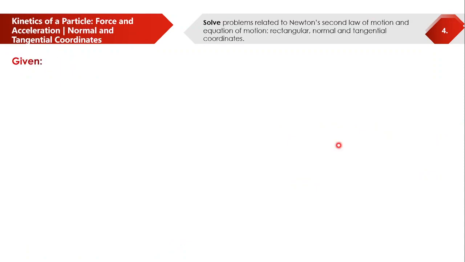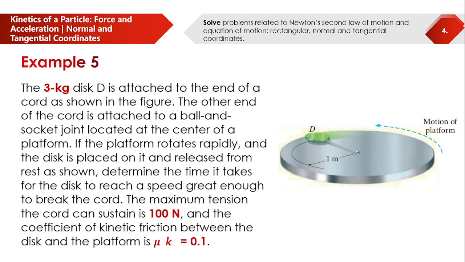Okay? So, first thing to do before the given, again, is identify kung ano yung motion dito. And we already know na pa-curve or pa-circular yung motion niya. So, we can use the normal and tangential coordinates here. So equation of motion, normal and tangential coordinates.